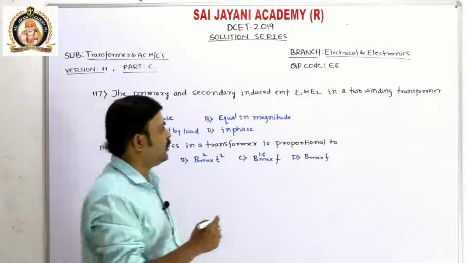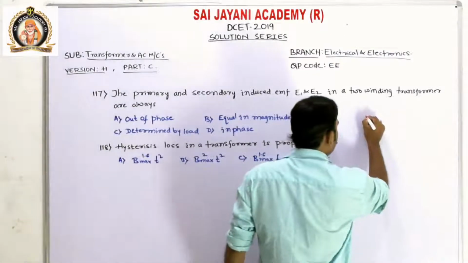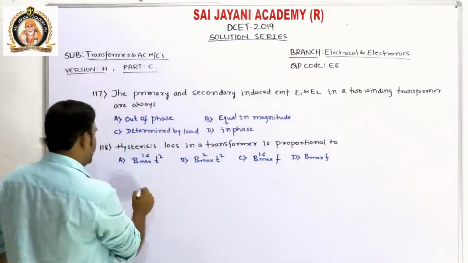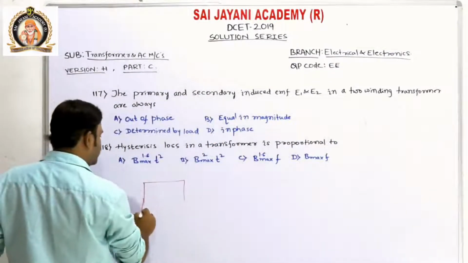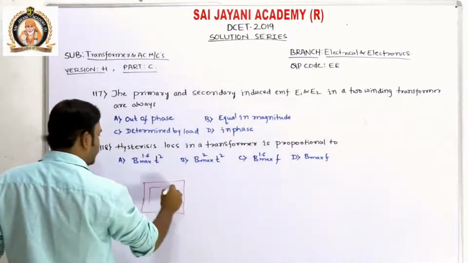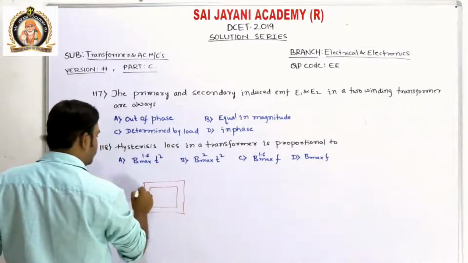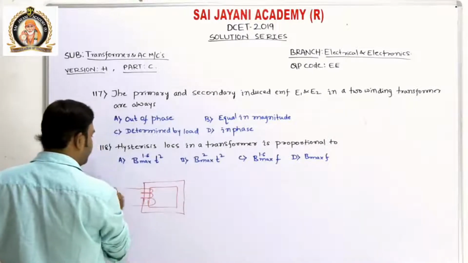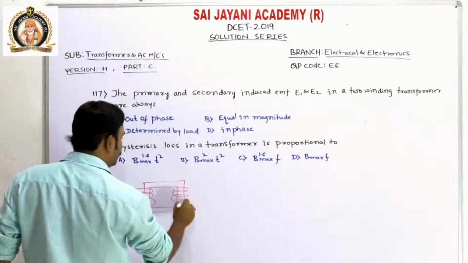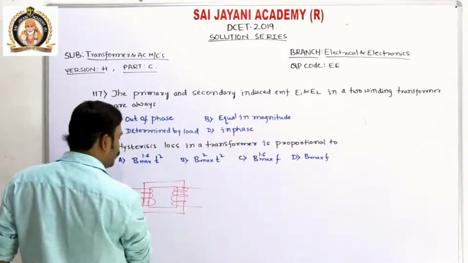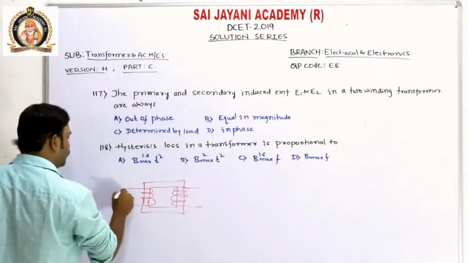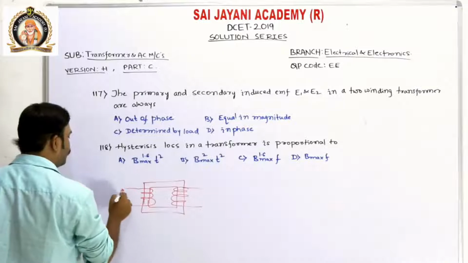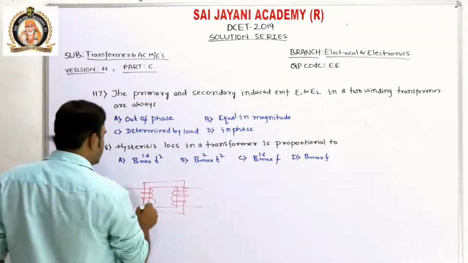If you consider a two winding transformer, it will be like this. This is the core, this is the iron core, and windings will be wound on the two limbs of the two winding transformer. Here you will apply the voltage V1.